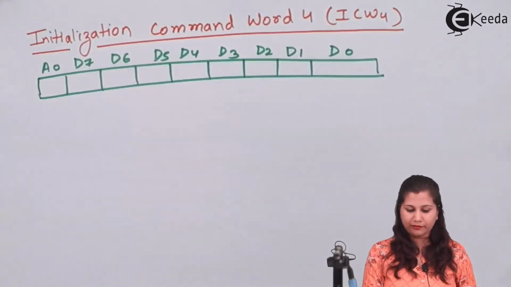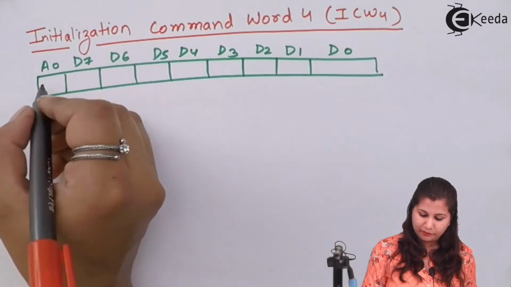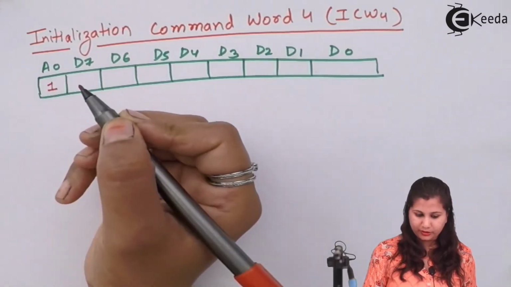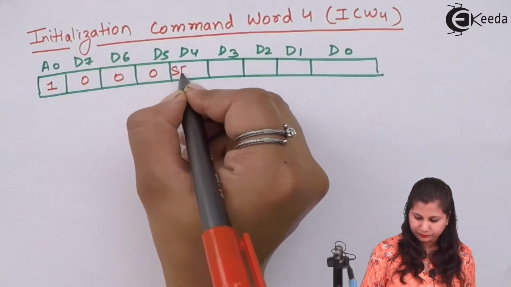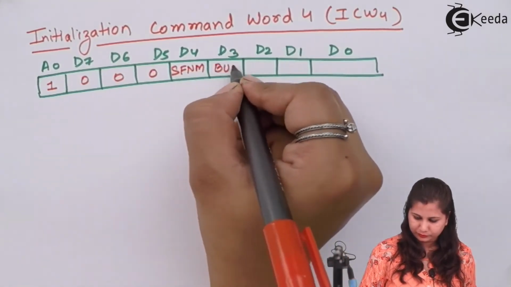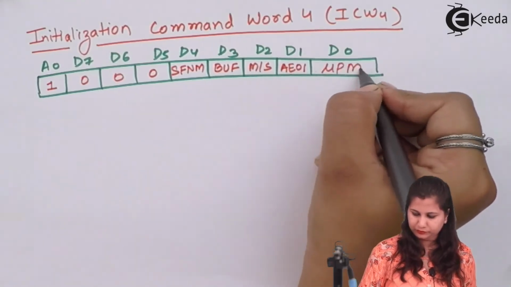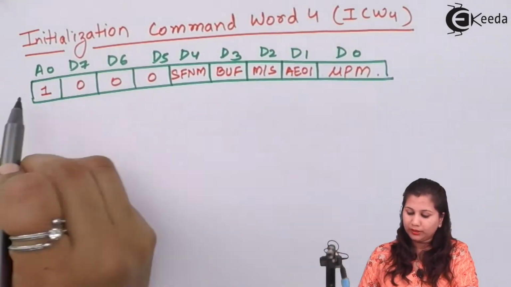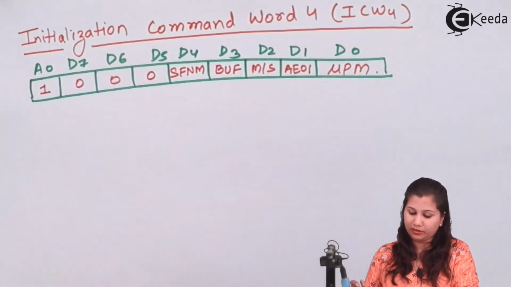So this is the command word for the fourth initialization command word. This A0 bit is set to 1. Then we have 0, 0, 0. So the 8 bits of this initialization command word are described here.